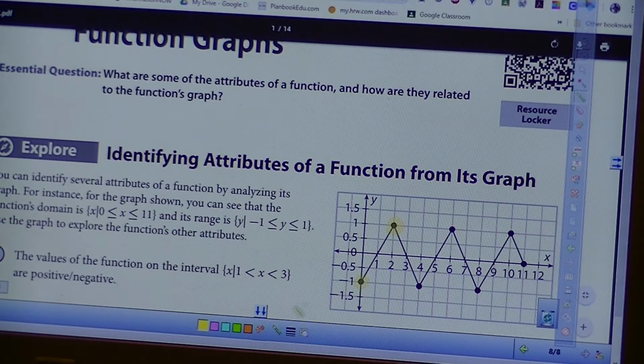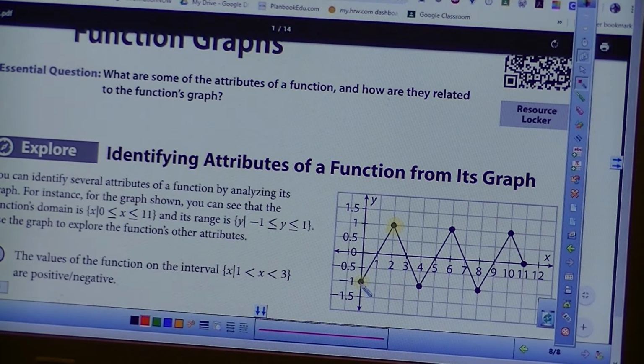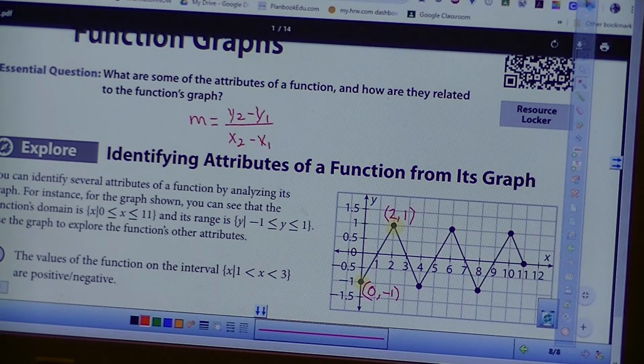So for average rate of change, or slope, I'm going to use 0, negative 1, and then 2, 1.